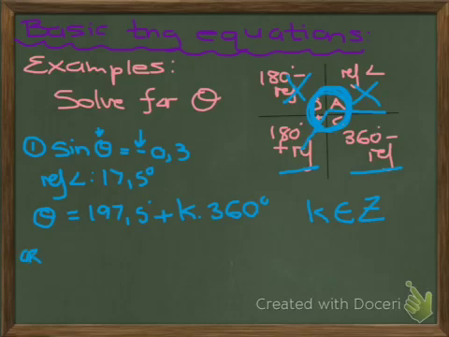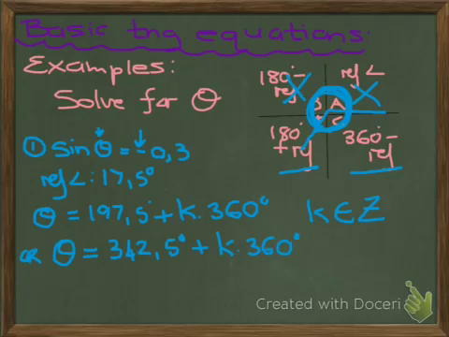Or, we've currently only considered an option in the third quadrant, but we also said that sine theta is negative in the fourth quadrant. So theta could lie in the fourth quadrant. And if theta lay in the fourth quadrant, it would equal 360 degrees minus my reference angle, which is 17,5, and that gives me an angle of 342,5, plus every 360 degrees, because I can keep going round indefinitely.